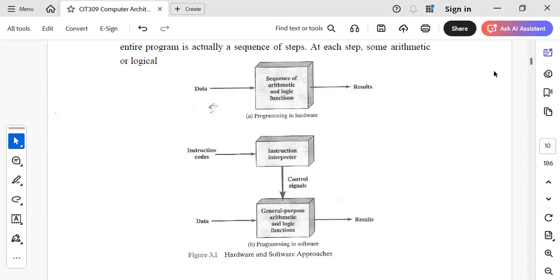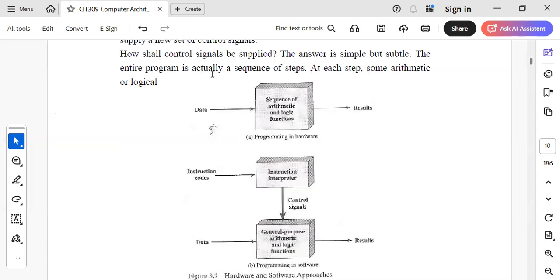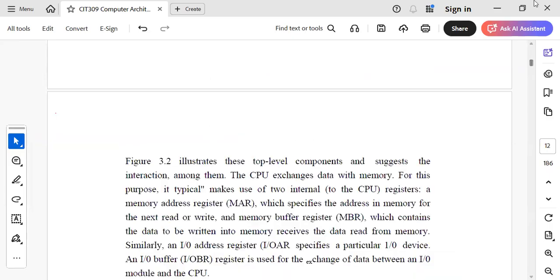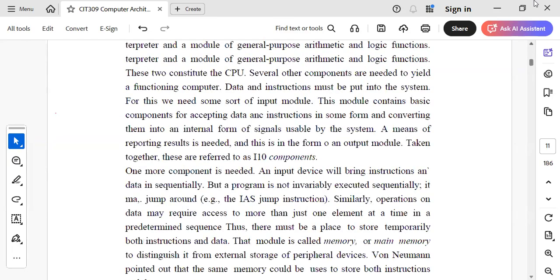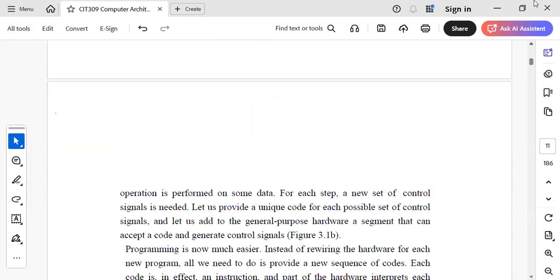Thank you all. So let's see. Now, the entire program is actually a sequence of steps. At each step, some arithmetic or logical operation is performed on some data.